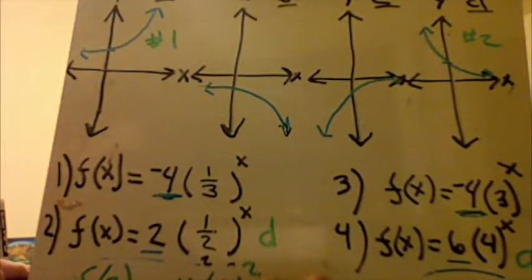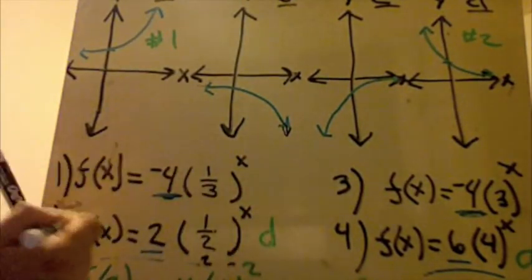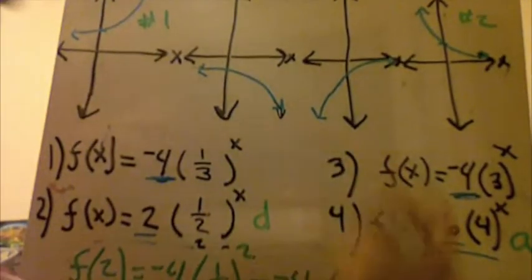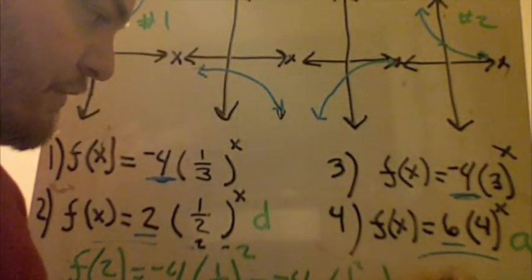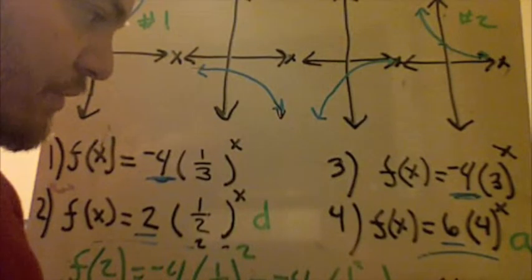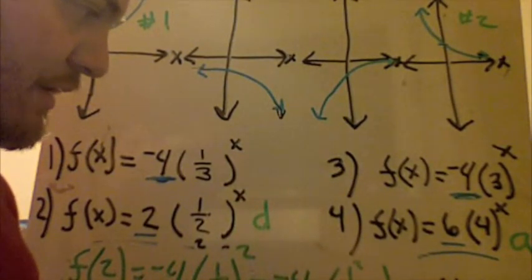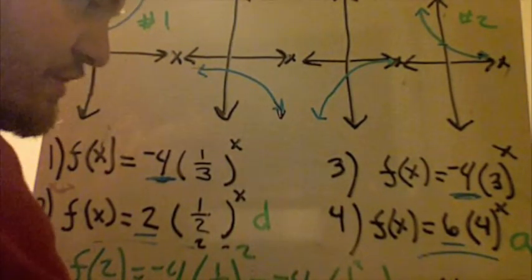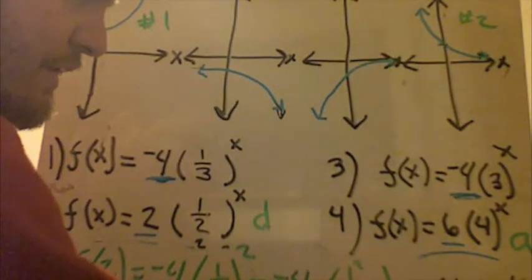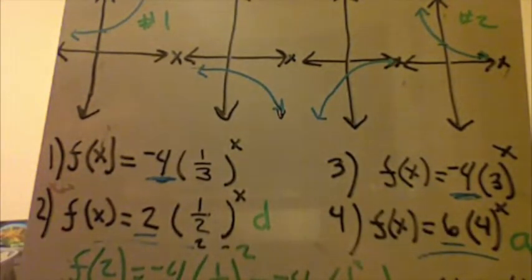So it'll be negative 4 times 1 squared over 3 squared, which in turn is equal to negative 4 times 1 over 9, which is negative 4 ninths.